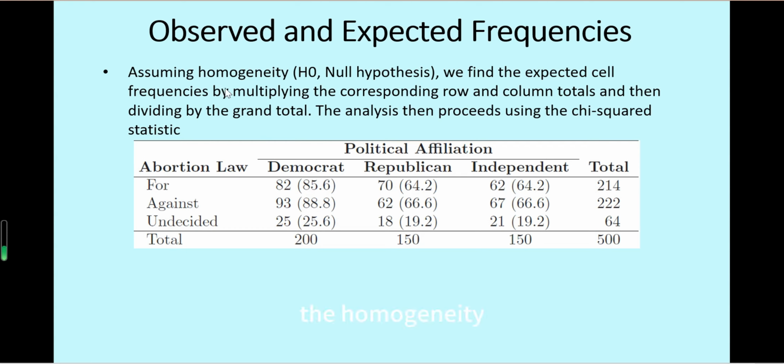If the homogeneity, or the proportions, are the same for each political affiliation with regard to each different attitude towards the abortion law, then we can find expected frequencies by multiplying the marginals and dividing by the total count.